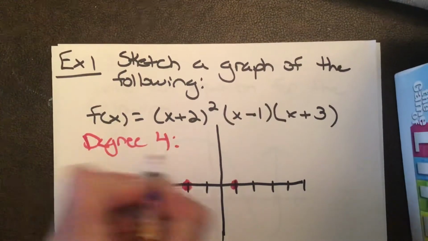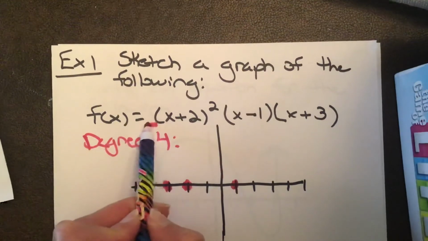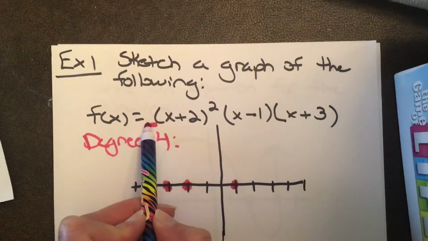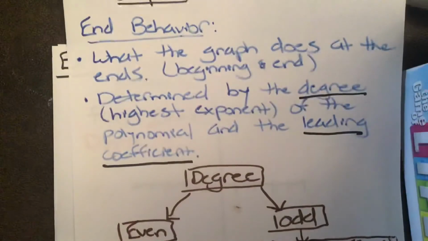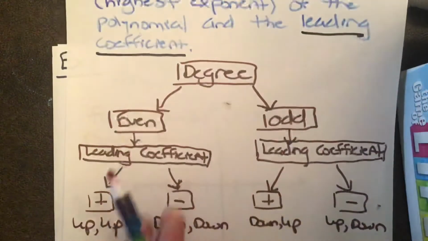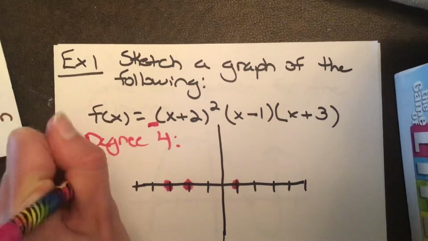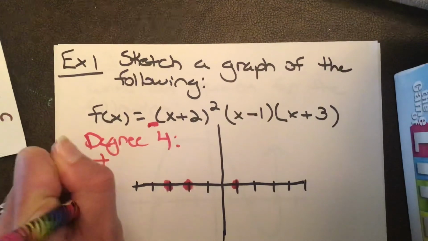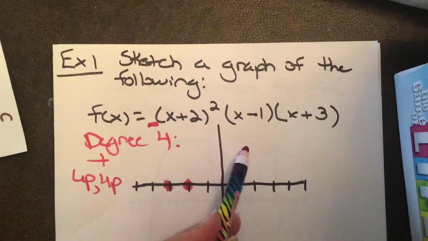If this is degree 4, going to the flow chart, that's an even degree. If there's no number out front, we're just going to assume that's an invisible 1, so my a is positive. So I have an even degree and the leading coefficient is positive, so the end behavior is up, up. It's going to start up, and it's going to end up.